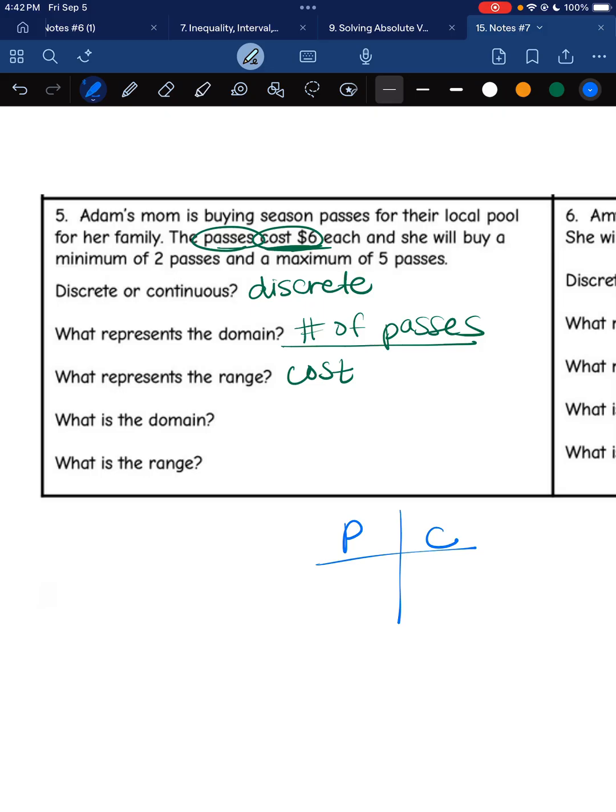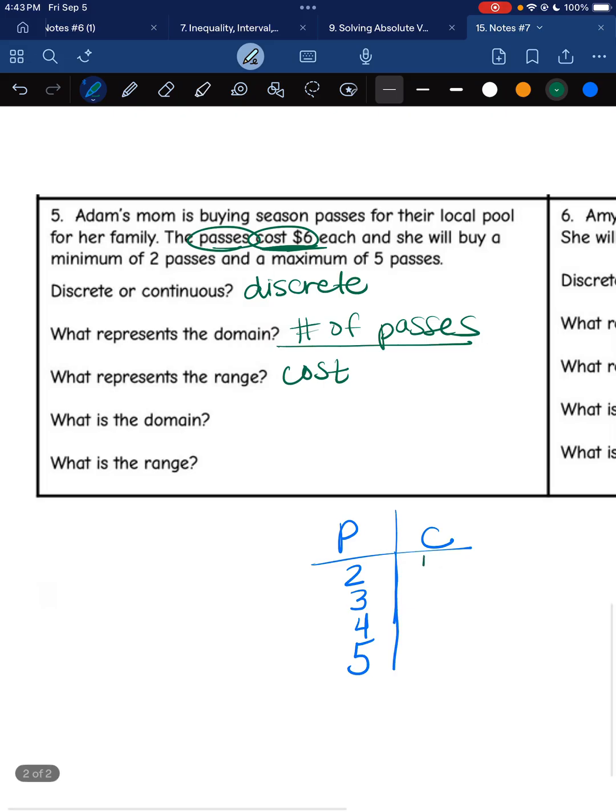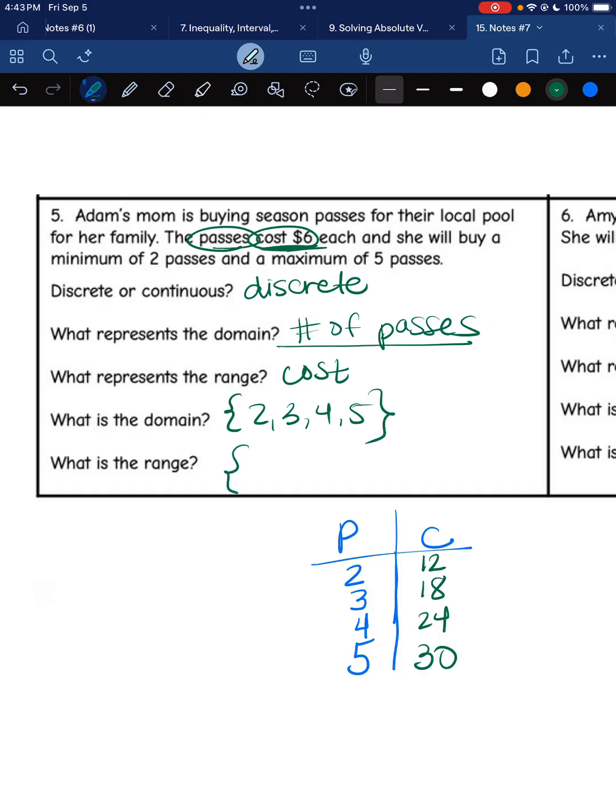She will buy a minimum of 2 passes and a maximum of 5. But this is discrete, so you got to list the numbers, 3, 4. And then each pass is $6, so this is 12, 18, 24, 30. That is your domain. Always double check, please, because it's so easy to do this so fast and then write it in the wrong way at the end.